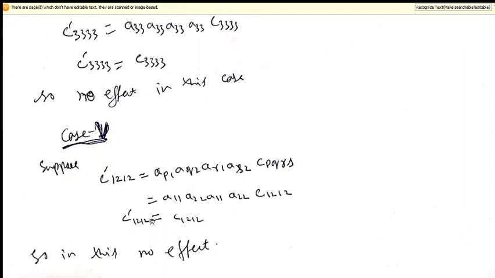Case 5. In case 5, there is no 3. We have taken only one component for understanding, C dash 1212. There is no 3 on the right hand side in this. P, Q, R, S would be the same as 1, 2, 1, 2, otherwise they will be 0.